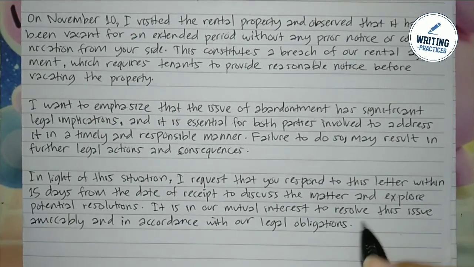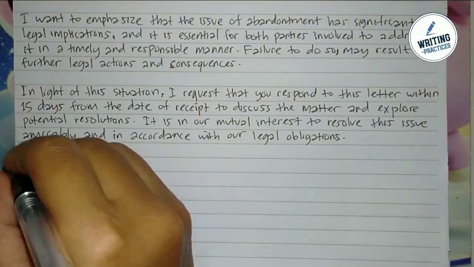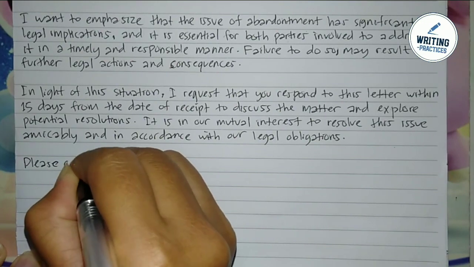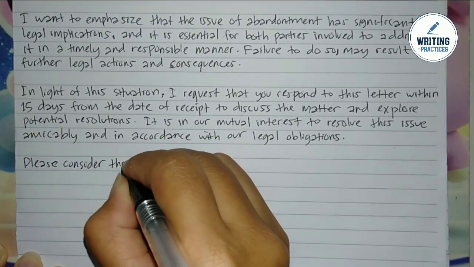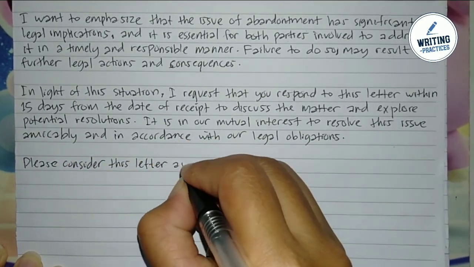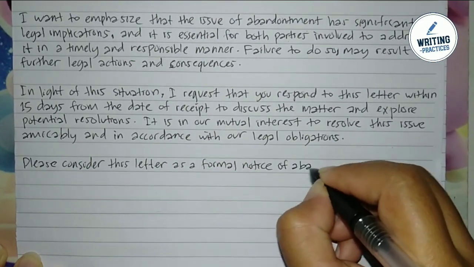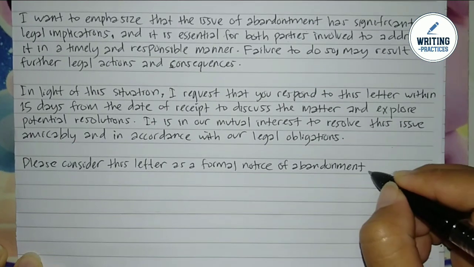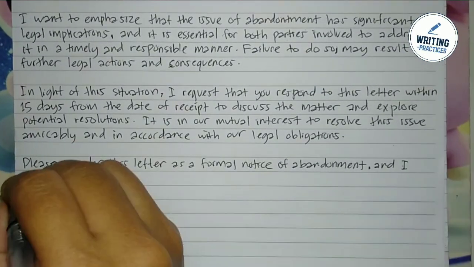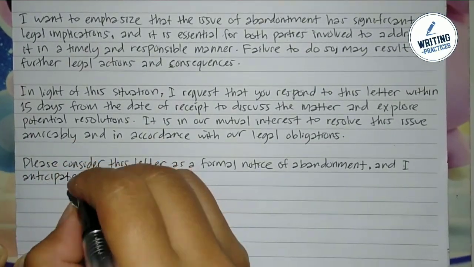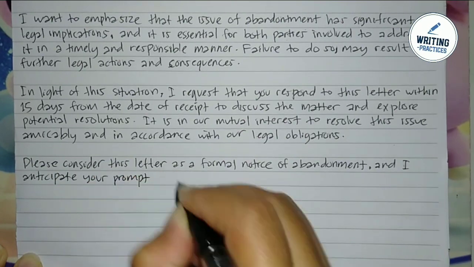State clearly what your intentions are in this letter. So, you may state that this is a notice or even warning letter. You can write: Please consider this letter as a formal notice of abandonment. And I anticipate your prompt attention and cooperation in addressing this matter.